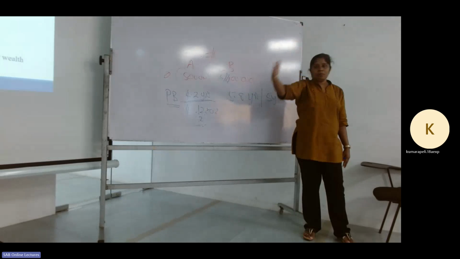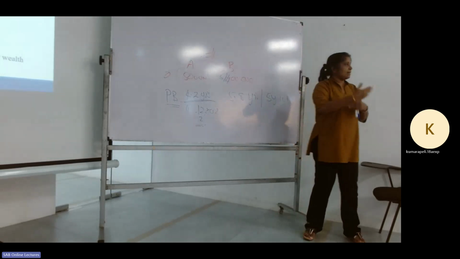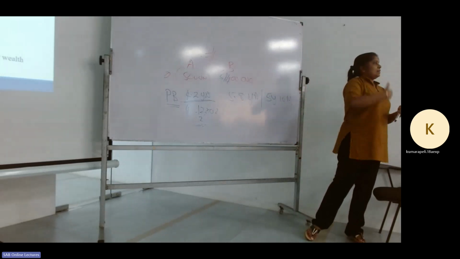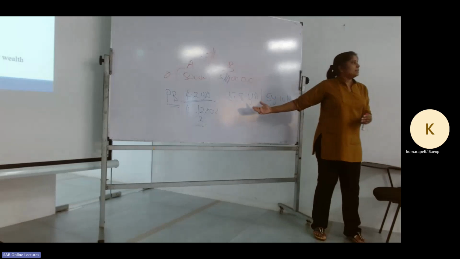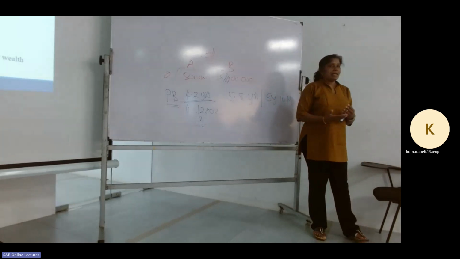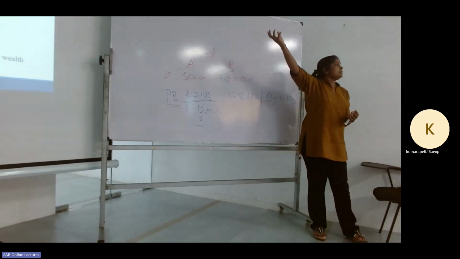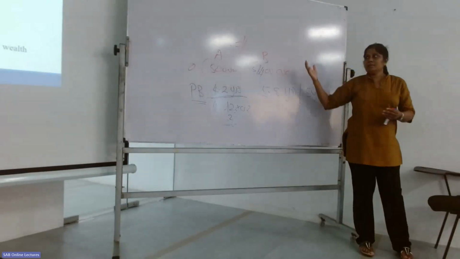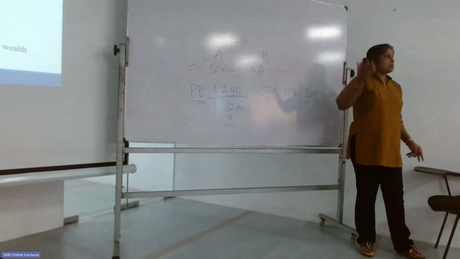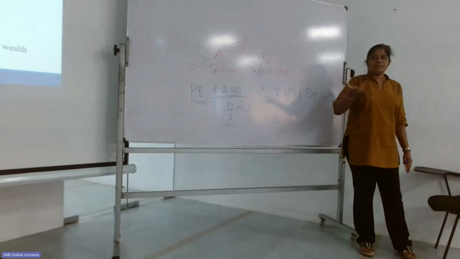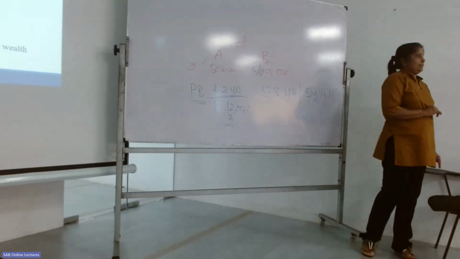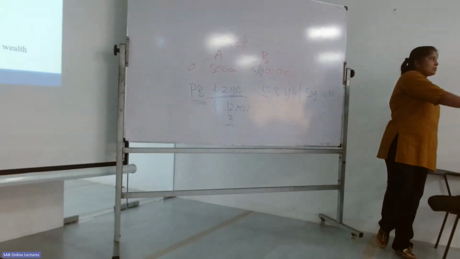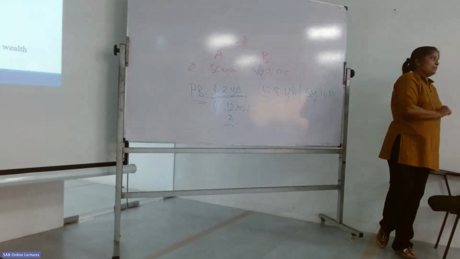So you can recover the initial cost earlier than the other one. Therefore this project has high liquidity. That is correct. So if you consider A and B, which one has the high liquidity? Project A, because its payback is low compared to B.